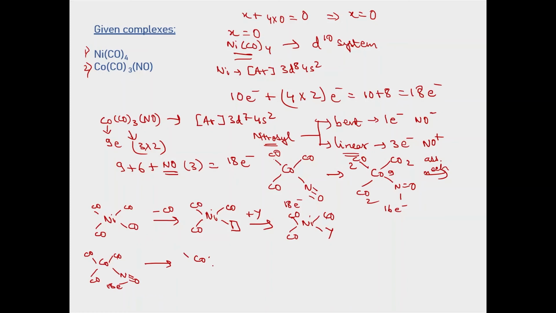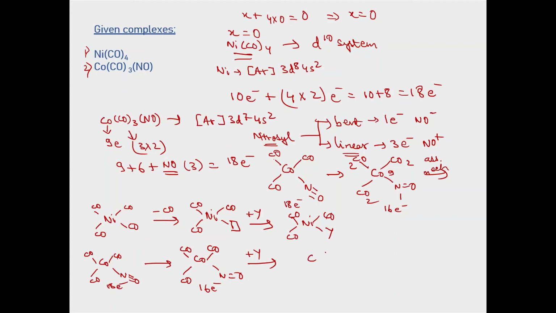Then what will happen is the nitrosyl will coordinate in a bent fashion, making it a 16 electron complex. So now the incoming ligand will attack this metal complex and then it will form a complex with coordination number of 5.